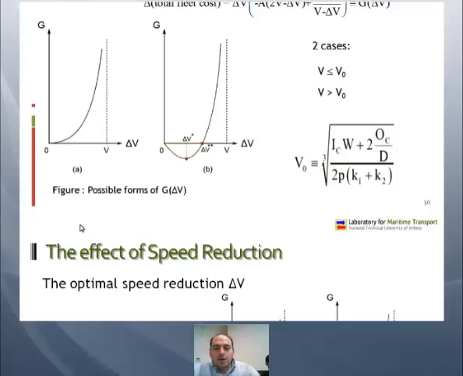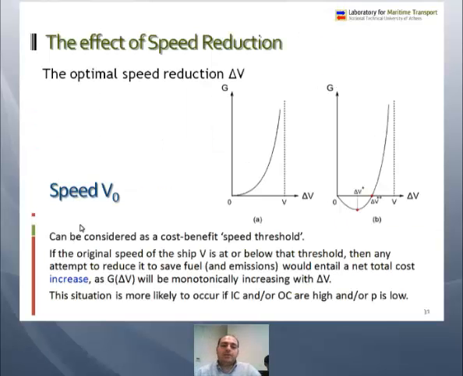and you can consider this optimal speed as a cost-benefit speed threshold, and if the original speed of the ship is at or below that threshold, then any attempt to reduce that speed to save fuel and reduce emissions would entail a net total cost increase.